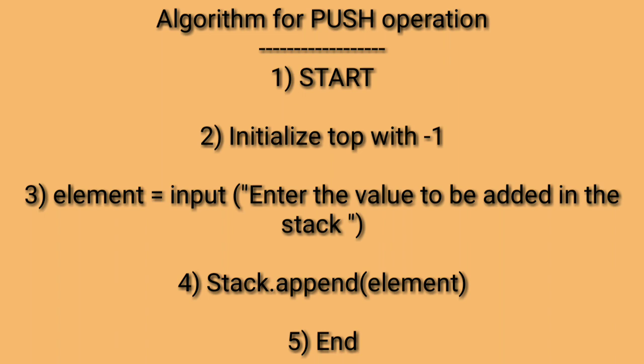Then element equal to input, enter the value to be added in the stack. We can give any value. Then the code for insertion is stack.append(element), adding elements into the list. Then the final step is end. These are the five steps for adding a new element to a stack, or the algorithm for push operation.